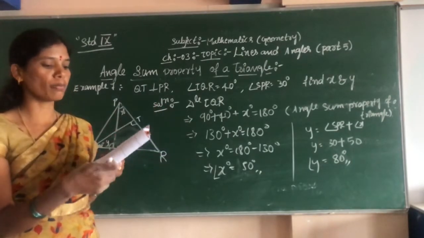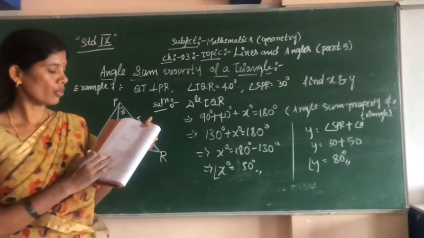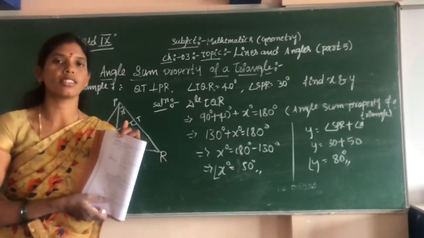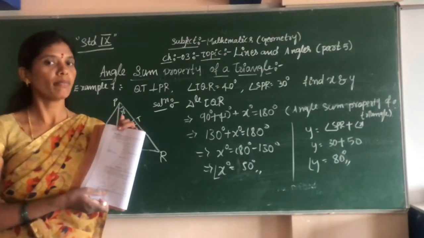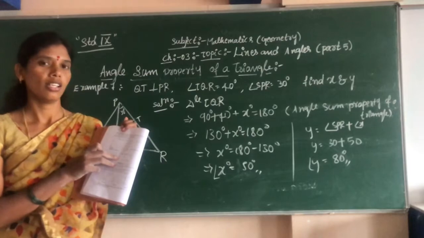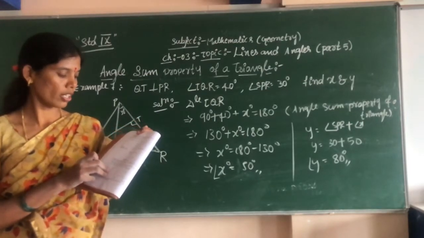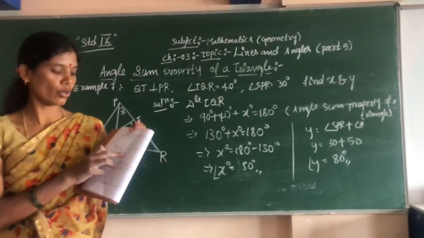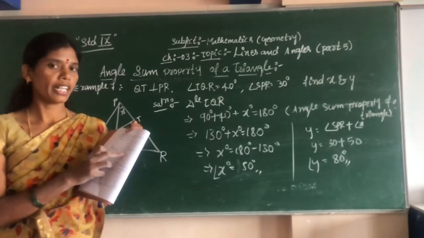You should copy this problem. If you can't understand, I will explain. It is easy using the cancellation method. Therefore, angle BOC is equal to 1 by 2 into 180 degrees minus x.